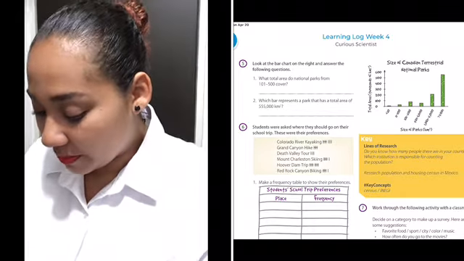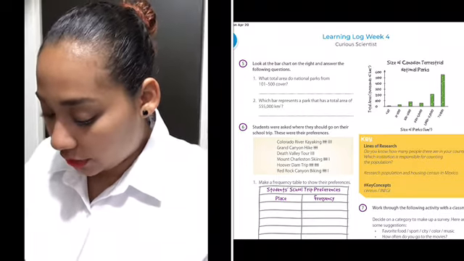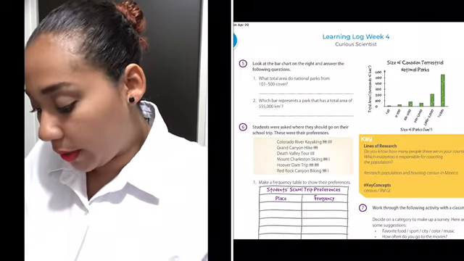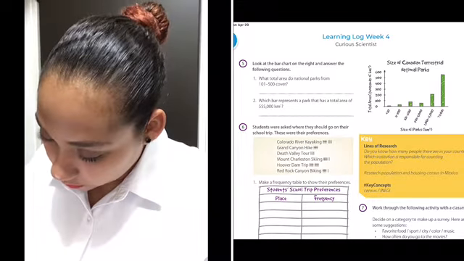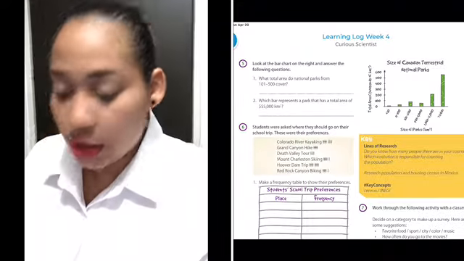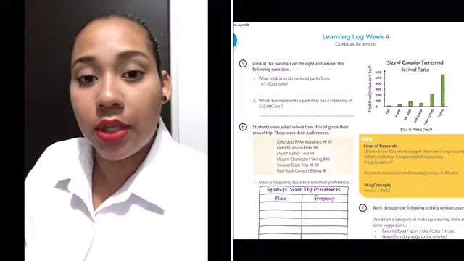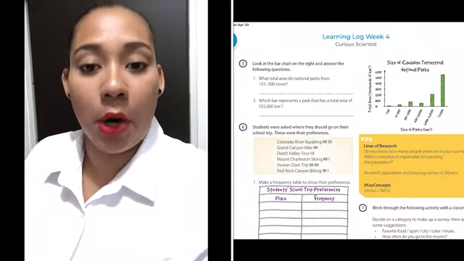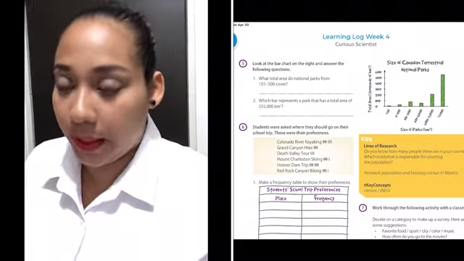According to what it says, you have to look at the bar chart on your right and answer the following questions. So let's start by analyzing the bar chart located to your right on that page.